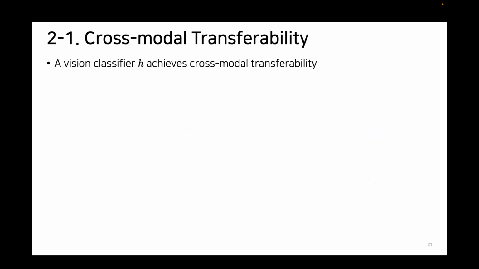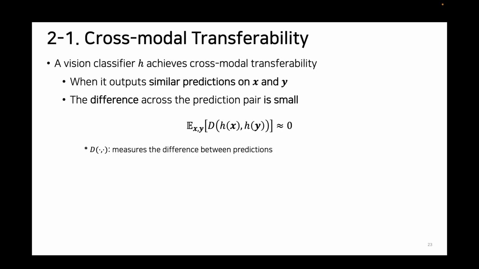We can say that a vision classifier achieves cross-modal transferability when it outputs similar predictions on X and Y. In other words, the difference across the prediction pair is small. So regardless of the given modality, the classifier should predict similar outputs. Then we can say it has cross-modal transferability.